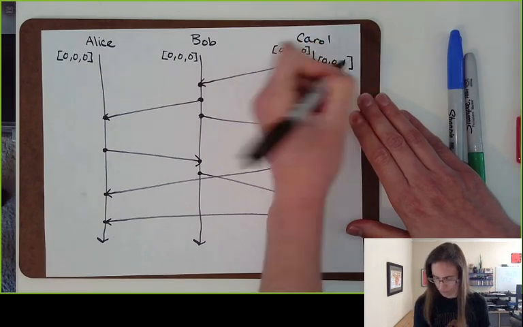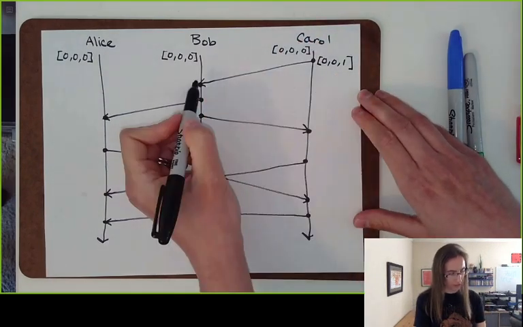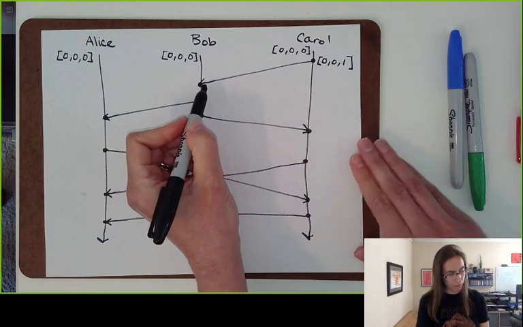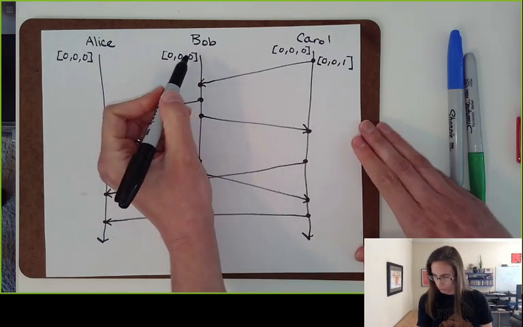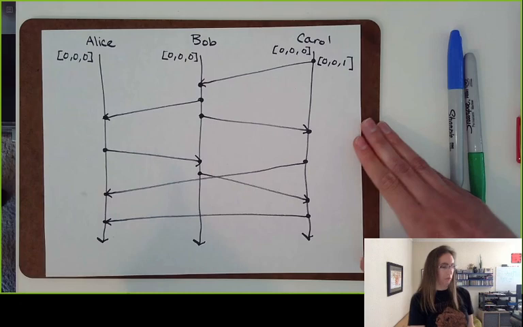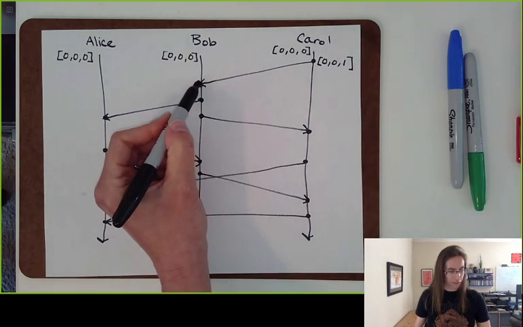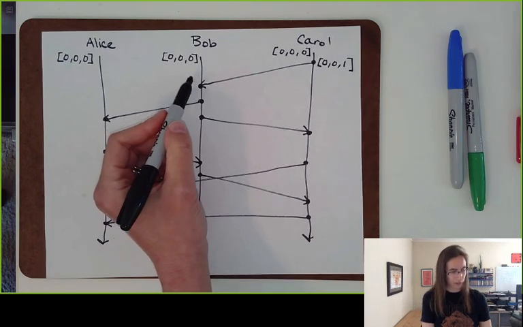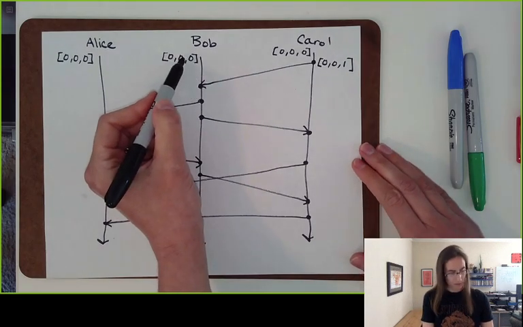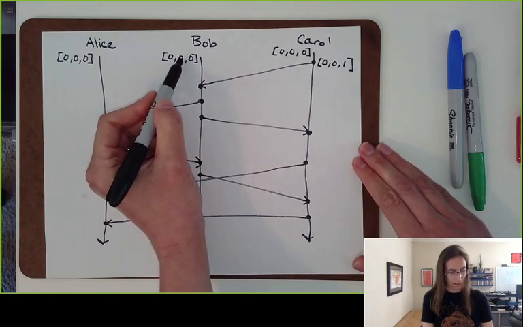Carol's message gets over here to Bob. Bob's vector clock is currently at all zeros. What is Bob going to do? Well, this receive is an event. So Bob wants to update his own entry in his vector clock to take note of that event.